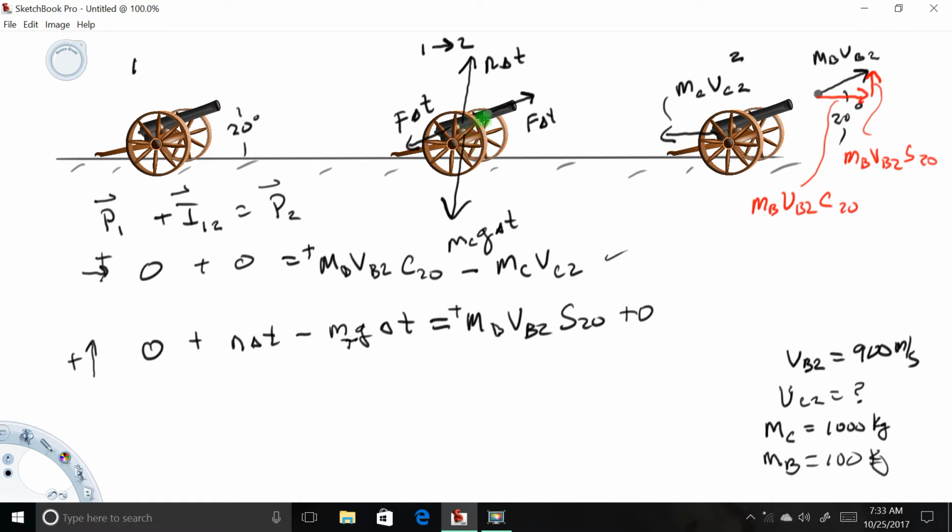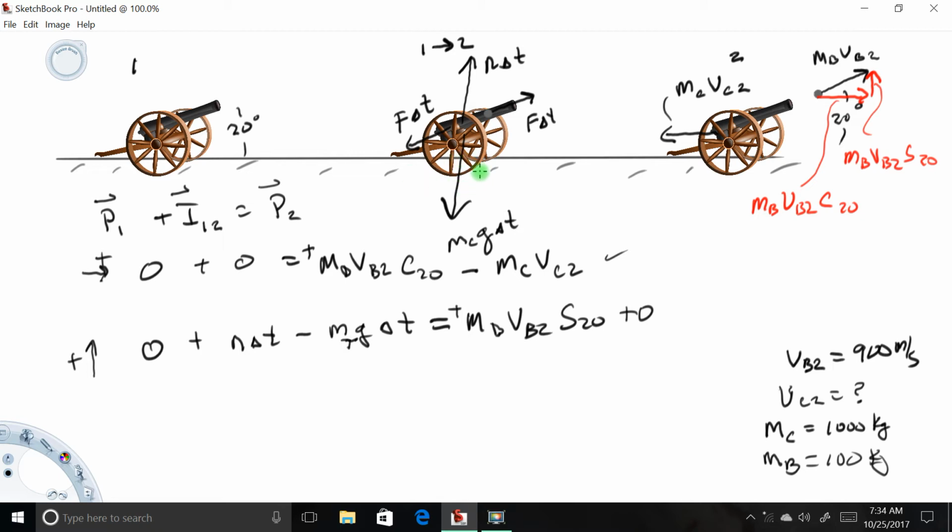But during the firing process, what happens here? We've got this impulse up and right on the ball, which creates an impulse down and left on the cannon. And this down and left on the cannon increases that normal force. That's why I drew these in these pictures, to have this discussion. As a result, this guy ends up increasing. You can imagine if this cannon were sitting on a scale, it would read some number before being fired, but during the firing process, that scale would read a larger number.